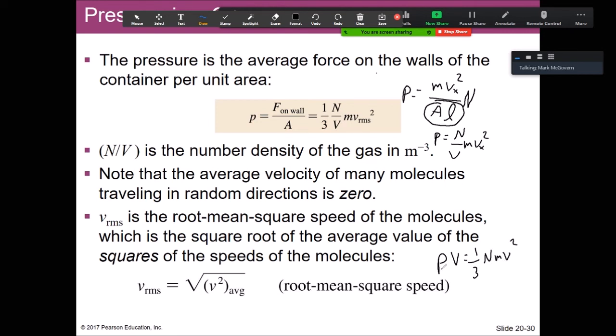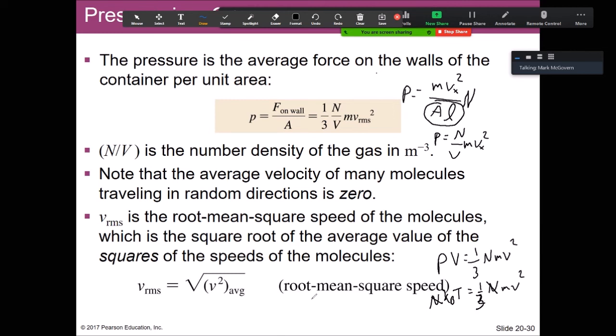So what I'm going to do here is replace the PV with the equivalent in the ideal gas law. So that's going to be NkBT equals 1/3 NMV squared. The Ns drop out. And then, oh, that's a third, sorry. That's a 3. Okay. And then the last step is let's make this thing actually look like a kinetic energy.